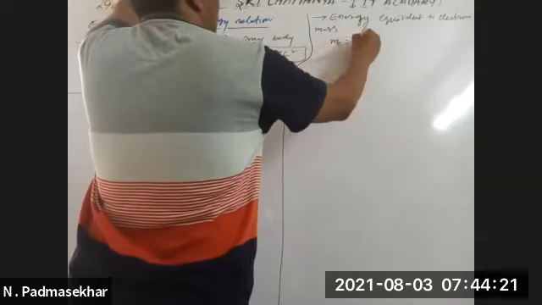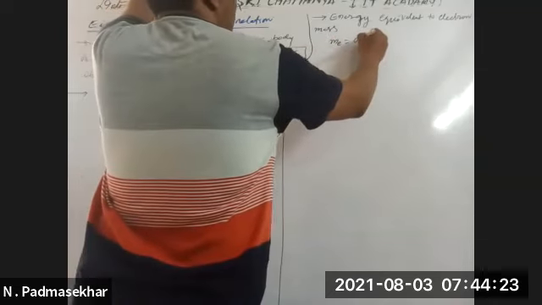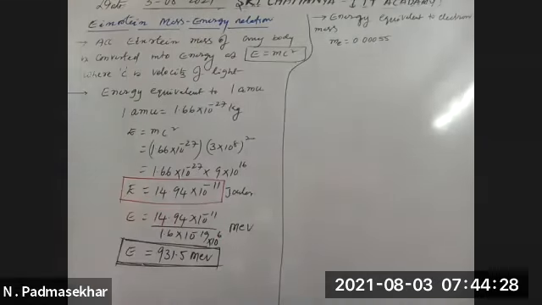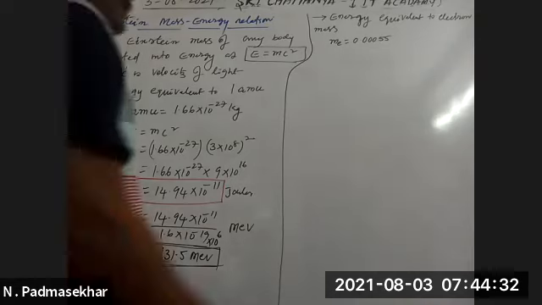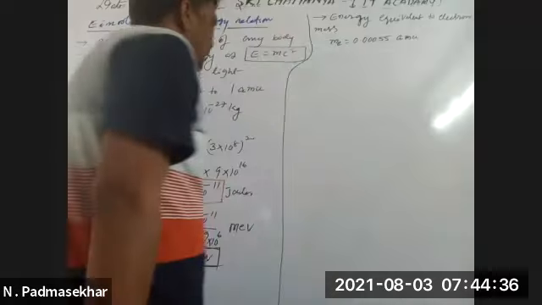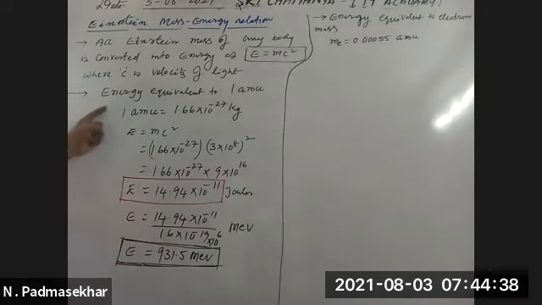You know, the mass of the electron in AMU is 0.00055. 1 AMU is converted into energy 931.5 MeV.